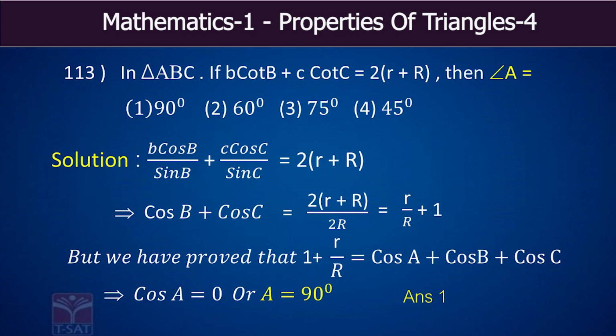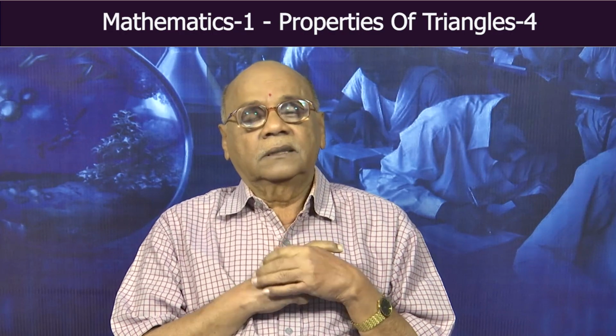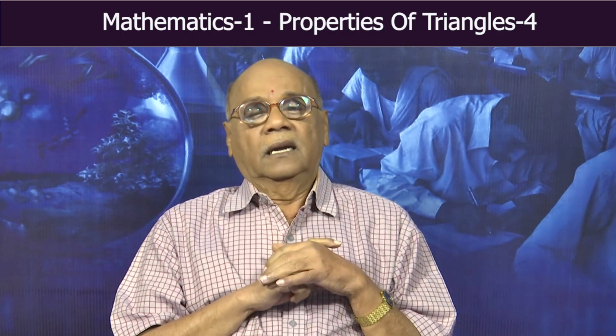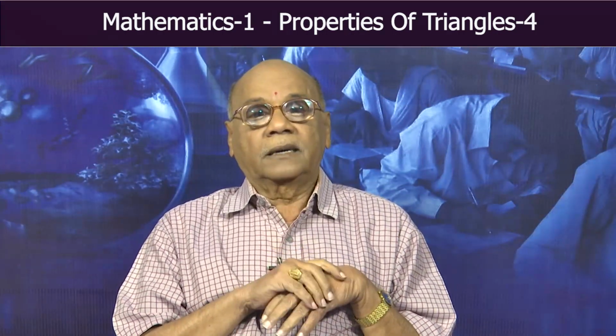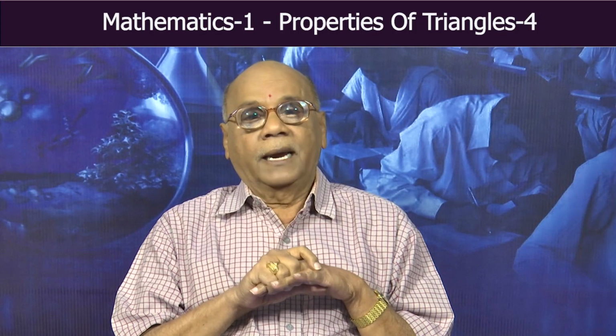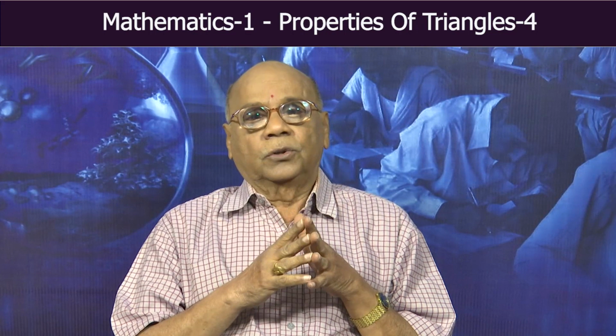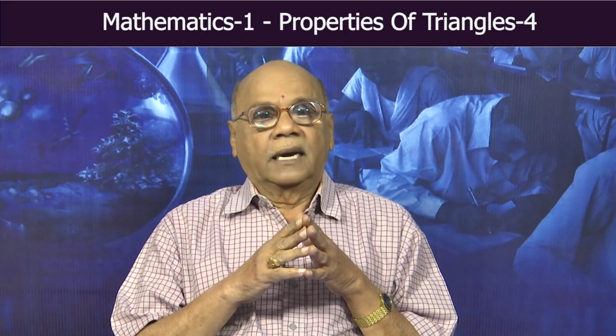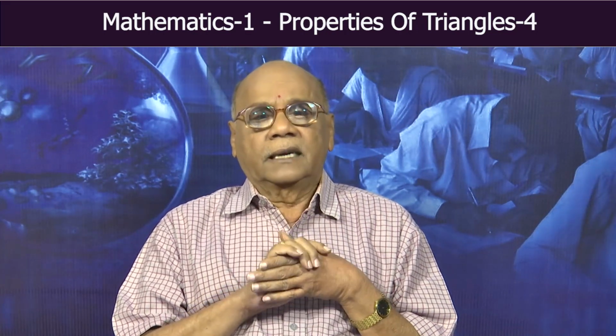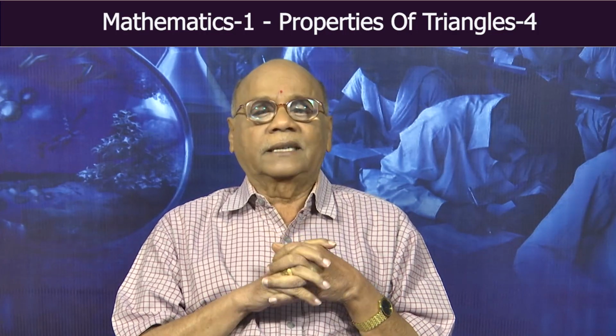Option number 1. So with this we conclude the properties of a triangle chapter, because there are still many things which are not in the curriculum of EAPCET or intermediate. In the chapter there are again the eccentric triangle and the pedal triangle. Pedal triangle is the triangle which is formed by the feet of the altitudes, and eccentric triangle is the triangle which is formed by the excentres of a triangle.